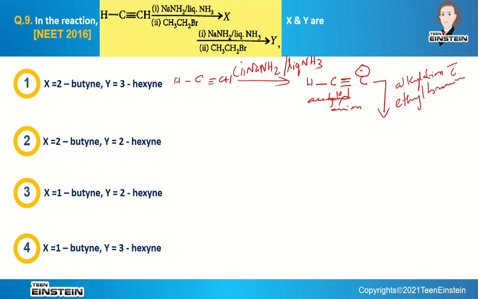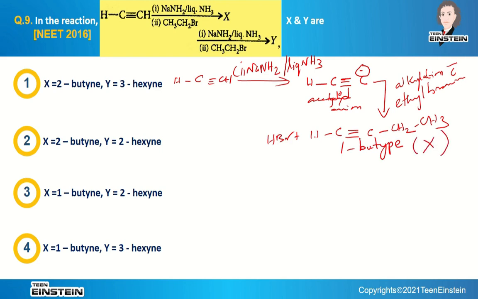It gives 1-butyne. CH2CH3 plus hydrogen bromide, 1-butyne. This is product X.